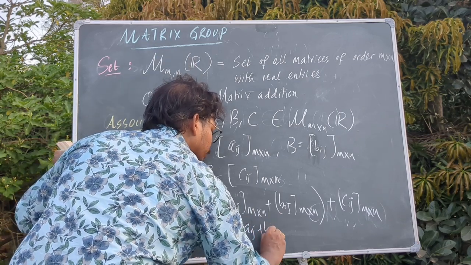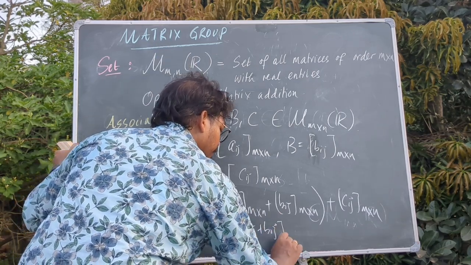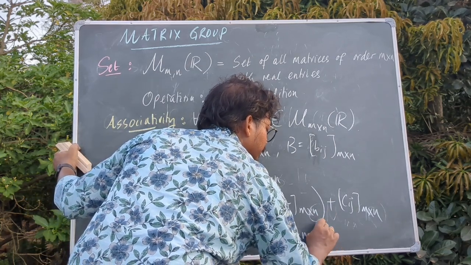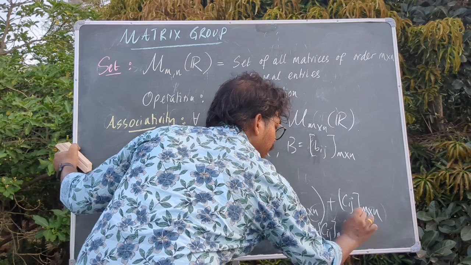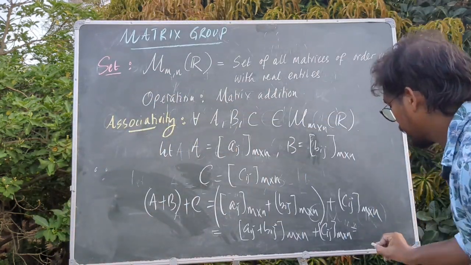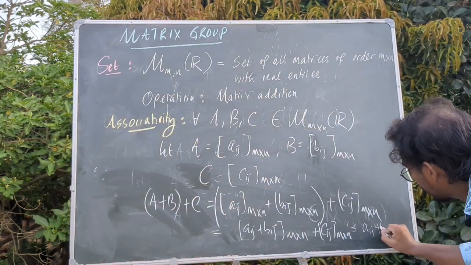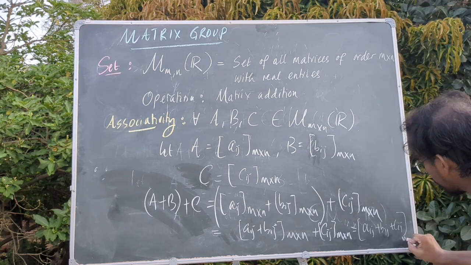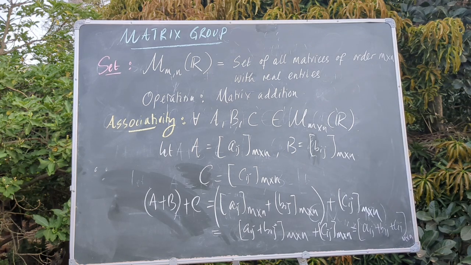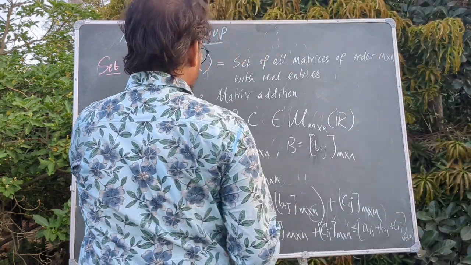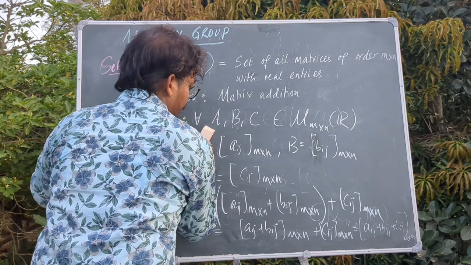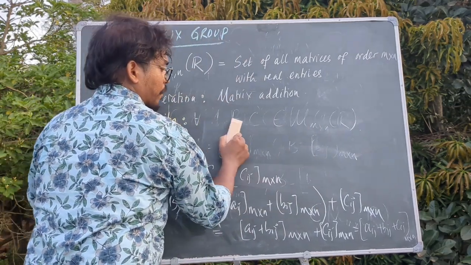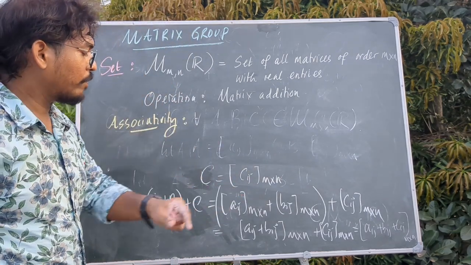Aij plus Bij m over n, and we have Cij m over n, which is same as Aij plus Bij plus Cij m over n. Now what we have?